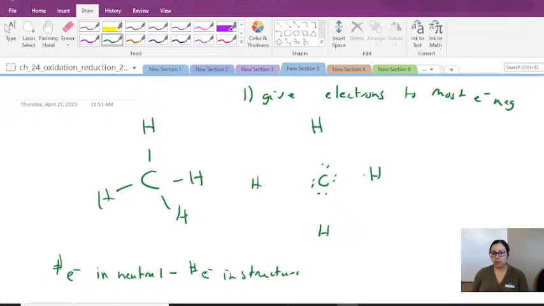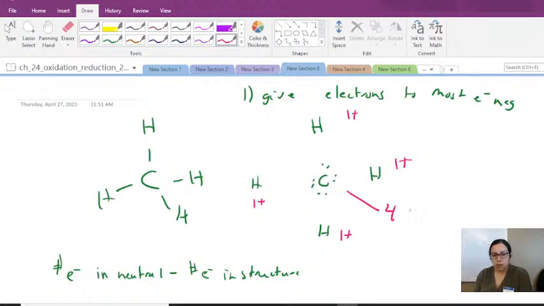For each one of these hydrogens, that gives you a 1+, since it should have 1 in the neutral and it has 0 on it right now. So there's your oxidation state of hydrogen. Recall your rules: hydrogen is usually 1+ unless we're talking about metal hydrides, so that all matches up as well. And then for carbon, it has 8 electrons on there.